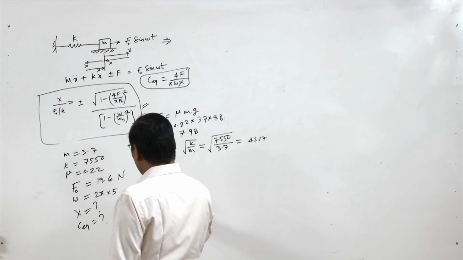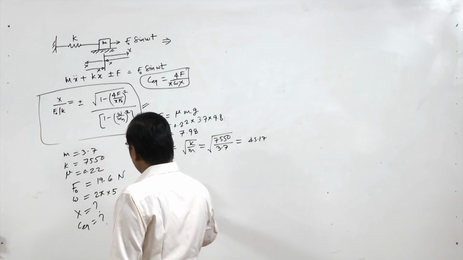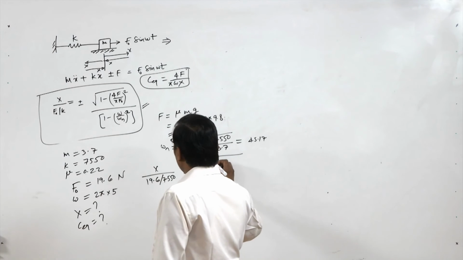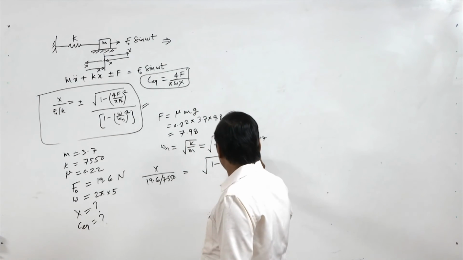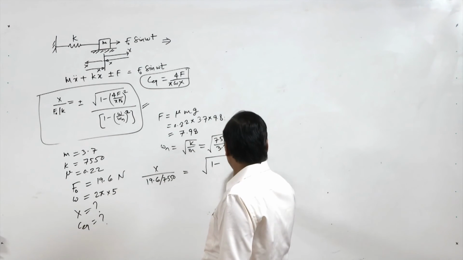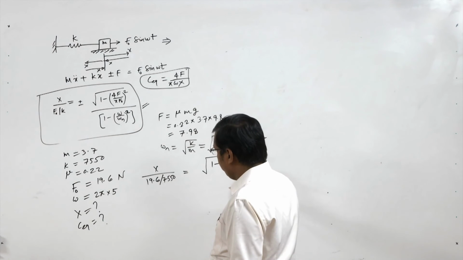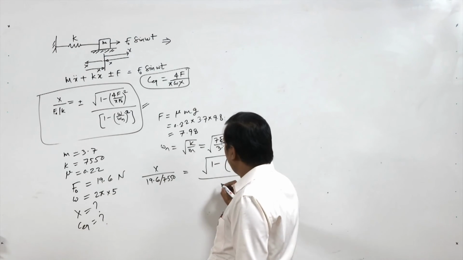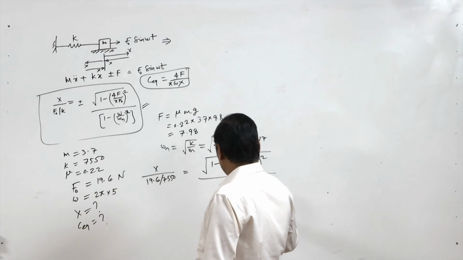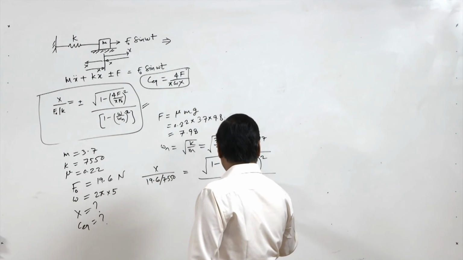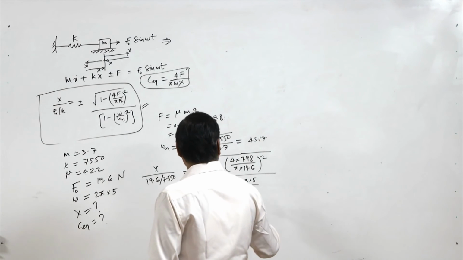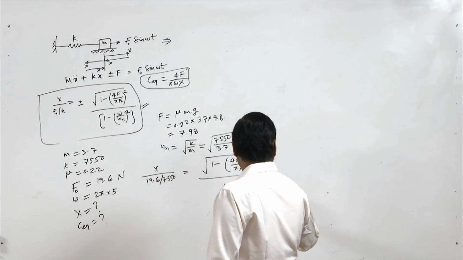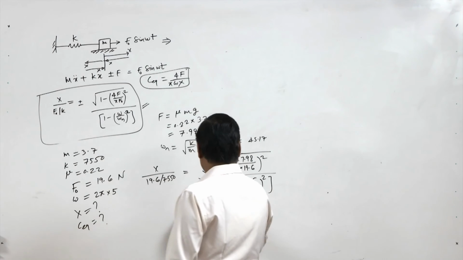Now we put these values. So x by F0 upon k, that is 19.6 upon 7550, equal to under root 1 minus 4 into F, which is 7.98, upon pi into F0, which is 19.6, whole square, over 1 minus omega by omega n, so omega is 2 pi into 5 by omega n is 45.17, square. So we can calculate.